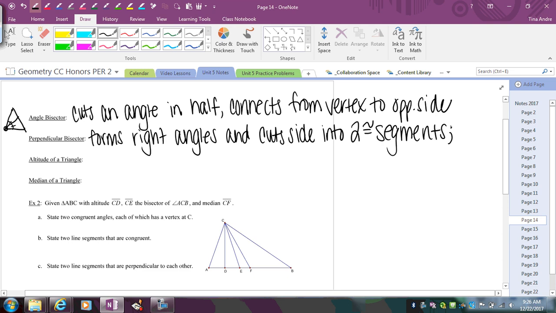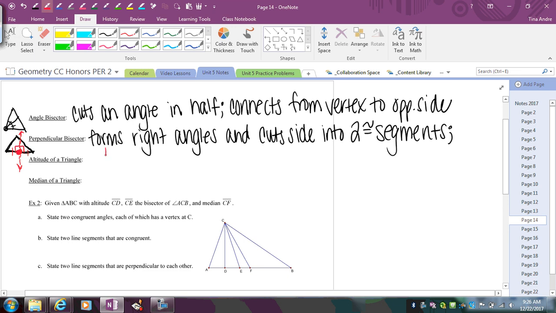And for this, how it's going to connect, so if you have a triangle here, a perpendicular bisector does not have to pass through one of the vertices of the triangle. What it does have to do is it has to go through the midpoint. So what you do is you identify the midpoint, and so that point right there is the midpoint, and then your perpendicular line has to pass through that midpoint and make sure that it's perpendicular to that side.